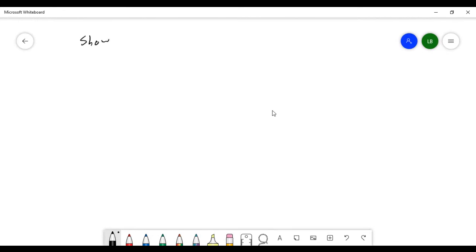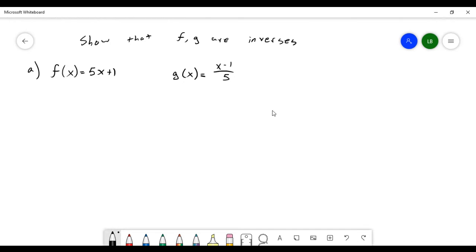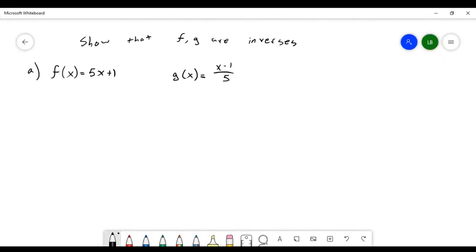Alrighty, show that f and g are inverses. You guys know how to show that two functions are inverses?